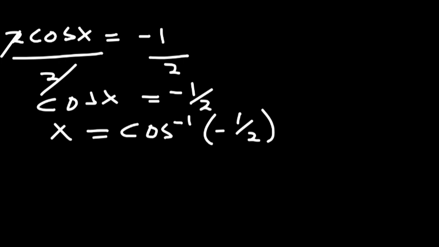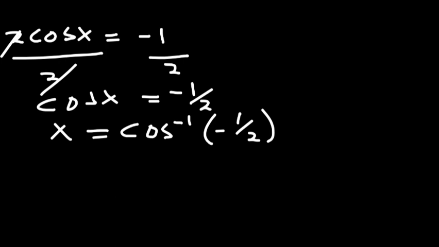Where is cosine negative? Cosine is negative in the second quadrant and also in the third quadrant. So our angles are going to lie in the second and third quadrants.